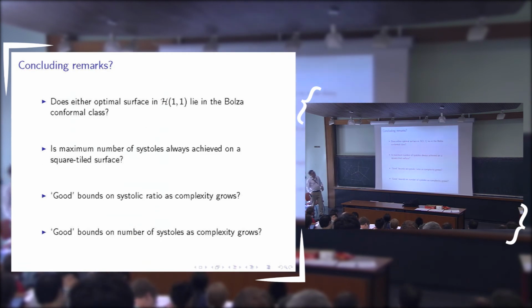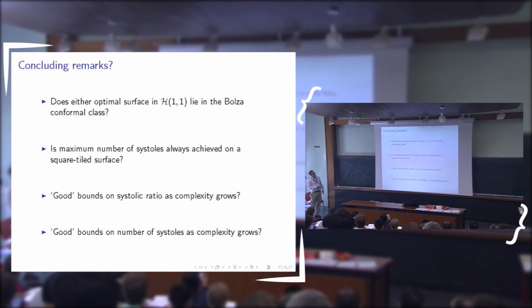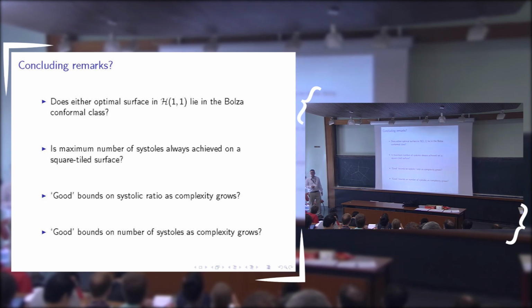Okay, so finally, there are all kinds of questions one can ask. So the first one, I was trying to get Hugo last night to remind me of the conversation we had in Lausanne maybe 3 years ago. I thought we knew what the answer to this question was.